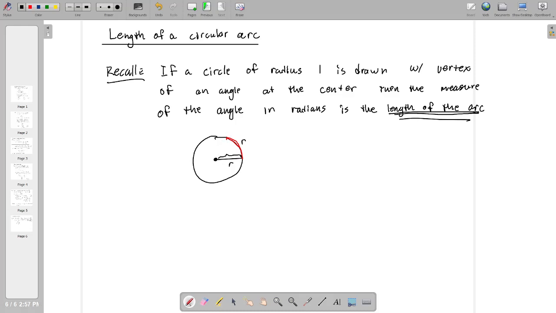The angle measure is 1 radian. But now this distance around the circle is r. It's 1 radius length. This is important when we're talking about the length of a circular arc, because what we're looking for is the length, this type of length, where we're going around a circle.